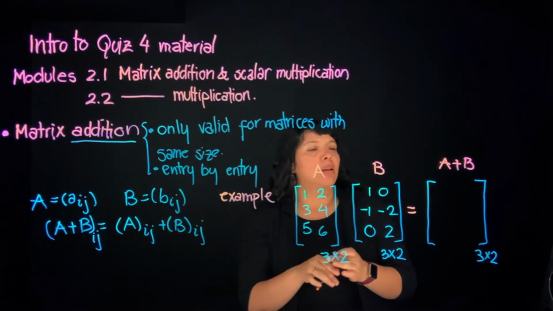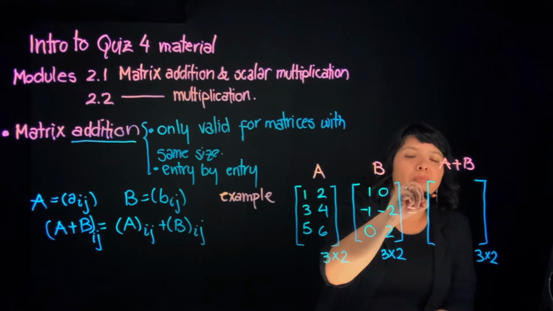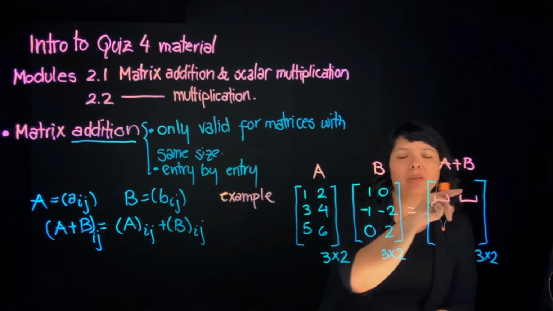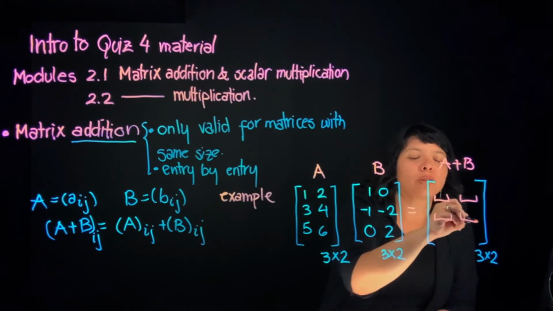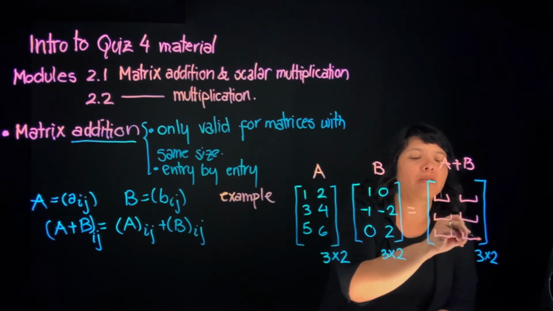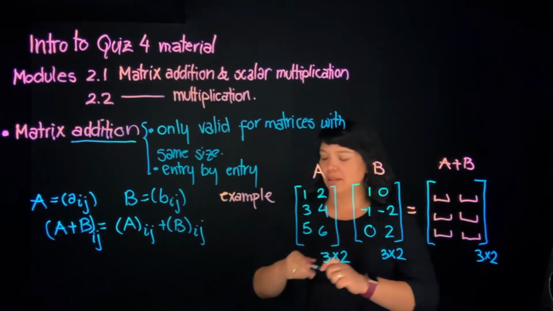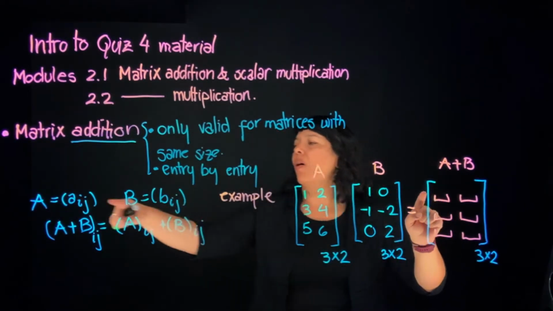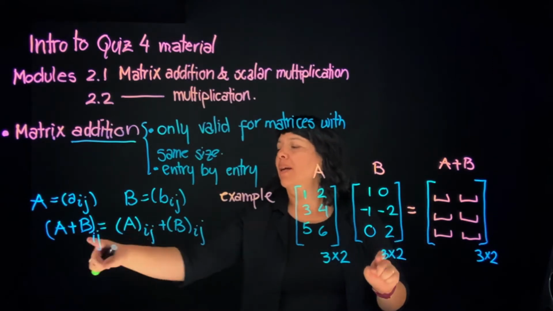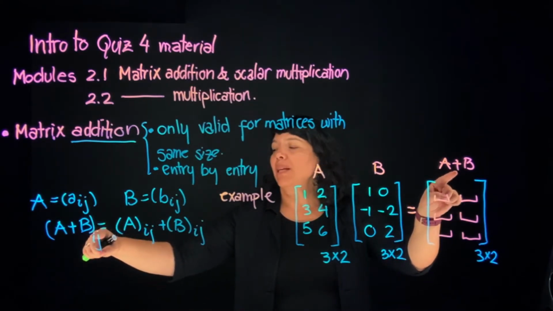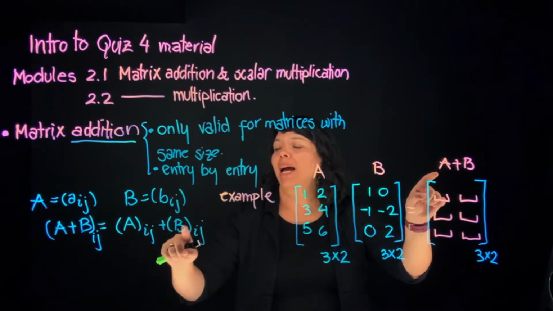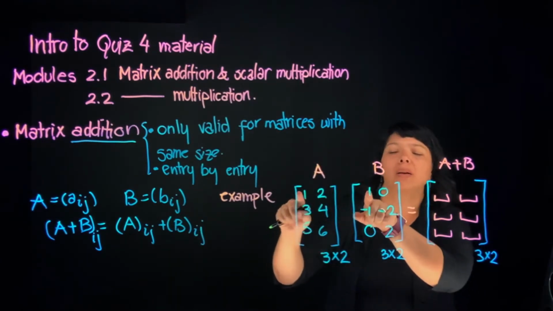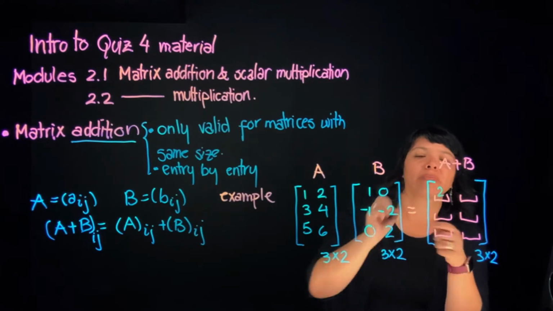Each of my entries, let me just put them here: entry 1,1, 1,2, 2,1, 2,2, 3,1, 3,2. Let's see, entry 1,1. So i and j are 1 and 1. In A plus B, it comes from a_11 and b_11. So 1 and 1 gives me 2.